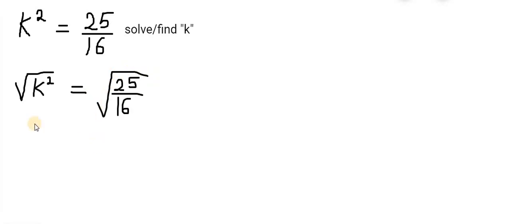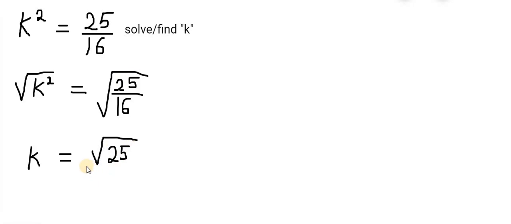Okay? Now, square root of k squared, the square root and the square, they deal with each other, and we just have k on the left. Now, on the right, that square root, we can break it up to affect each number at the top and at the bottom individually.